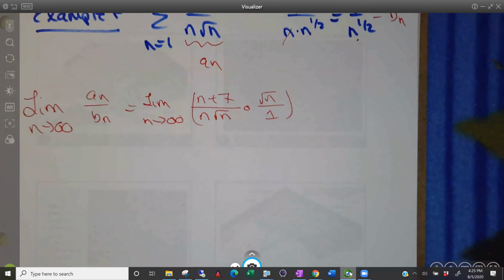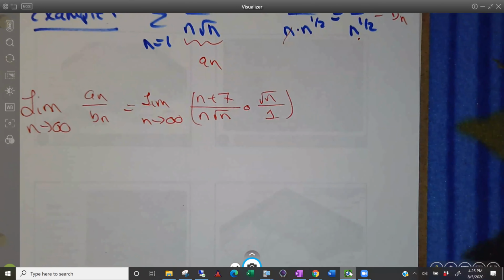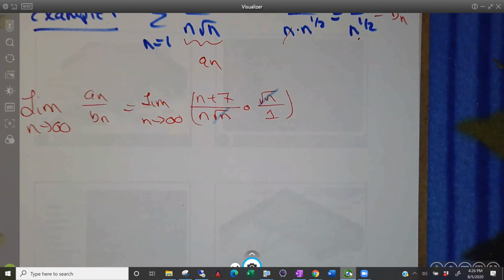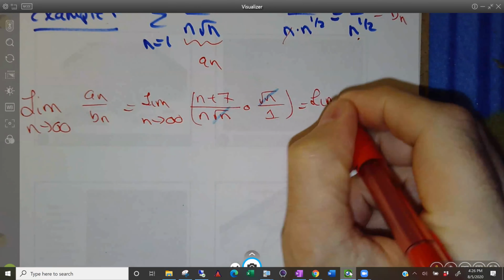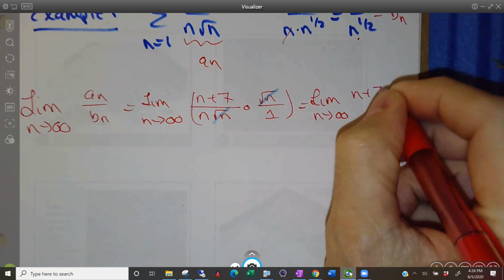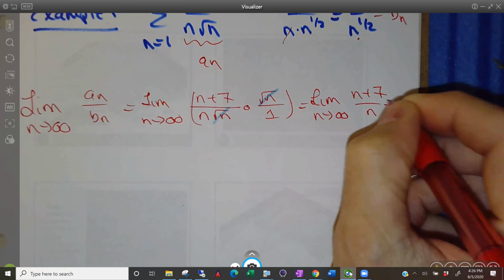And I'm going to get some nice cancellation. So the square roots cancel. And really, I'm left with the limit as n approaches infinity of (n plus 7) over n.